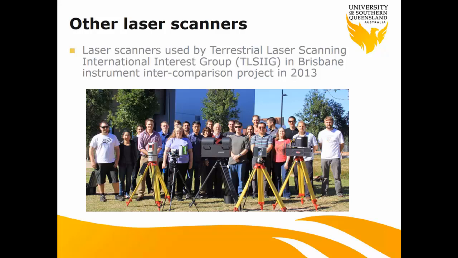This one was designed by Alan Strahler in Boston University, USA. This one by Mark Danson from Salford University, Manchester, UK, and this one from another university in Boston. And all these three laser scanners use dual frequency.